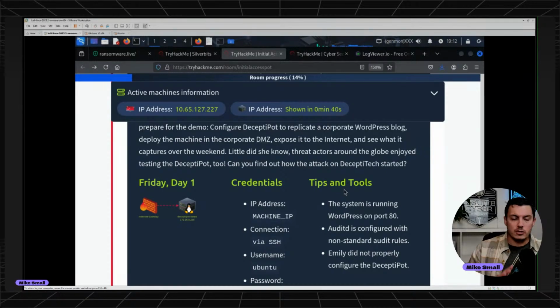Our job is to actually follow the path of this attack: how did they get in, how do they set up persistence, and what does that look like? So legitimately a real attack, a real attack chain, real processes that an incident responder may do. All of that will be real.